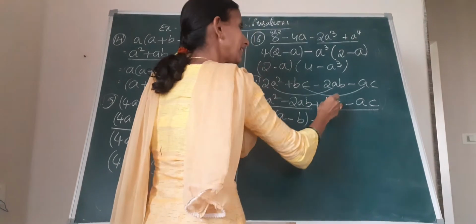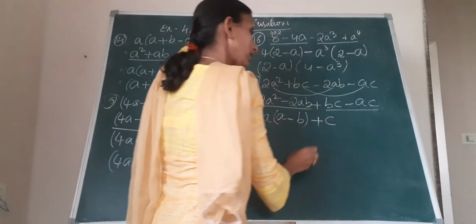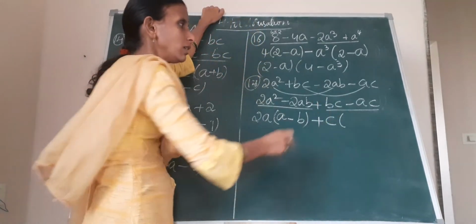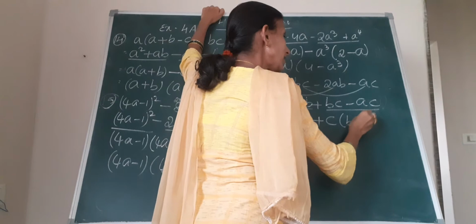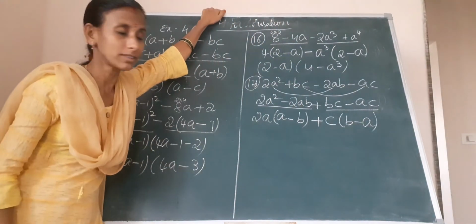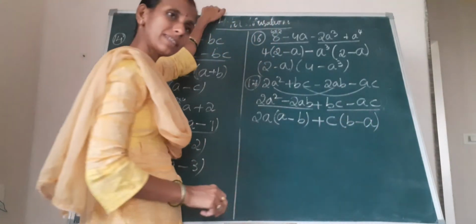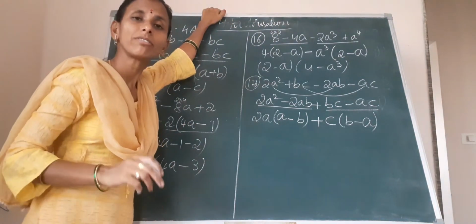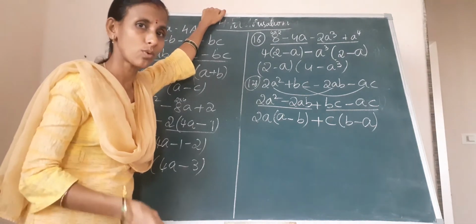Okay. Plus in these two terms what is common? C is common. If we take C outside, what is remaining here? B minus A. Now you observe, here we are having A minus B, here we are having B minus A. In the bracket, variables are same, but the signs are different. So what we have to do?